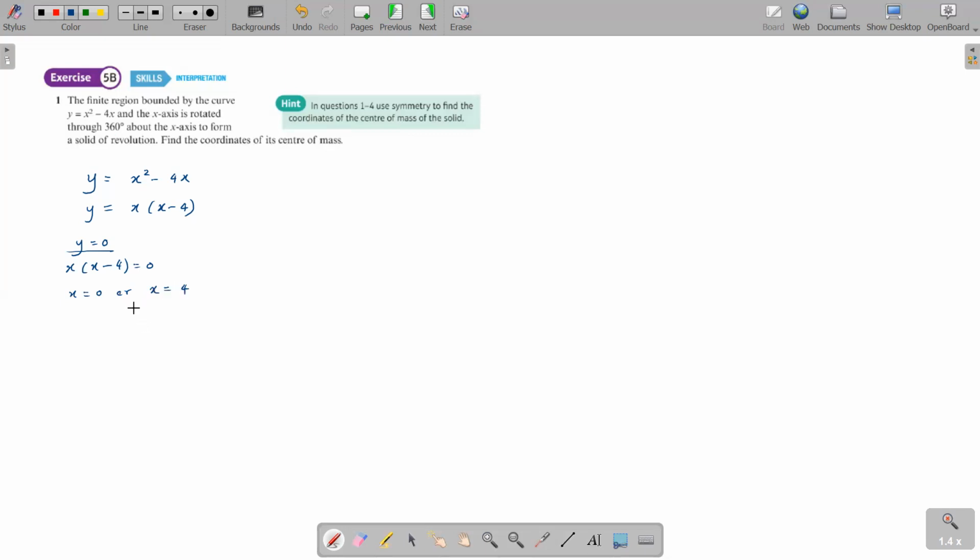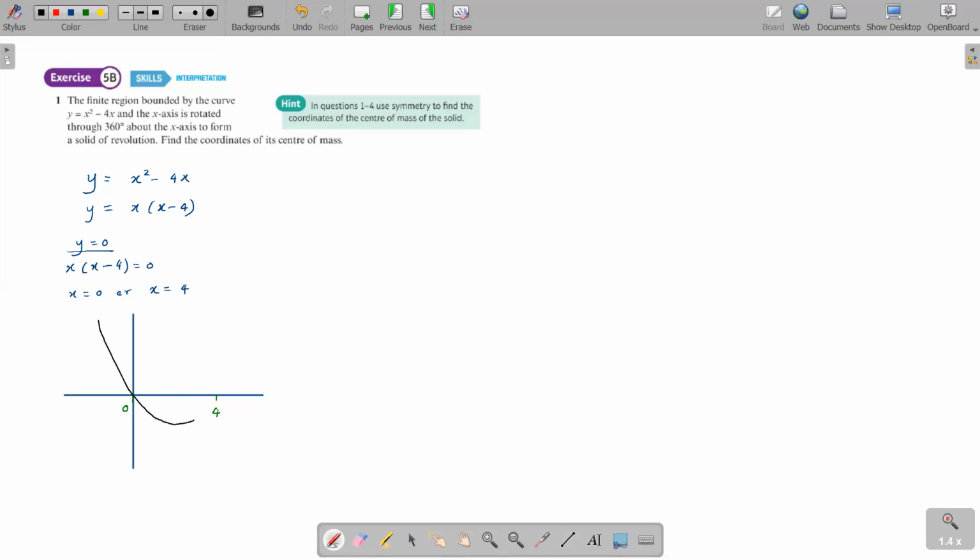So you can draw a quadratic minimum graph. The cutting points are at x equals 0 and x equals 4. Can you see, guys? These are the two cutting points. So draw a minimum graph that passes through these two points.